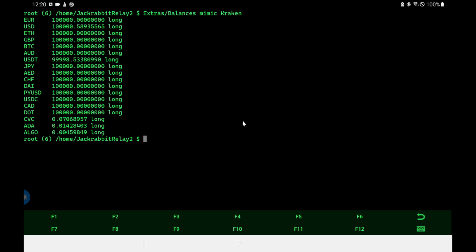You see all of the quote currencies with the funding that I set up. You can see where I've already been using it for several different transactions. And yes, Mimic does and is capable of simulating dust. And it does it infuriatingly well.